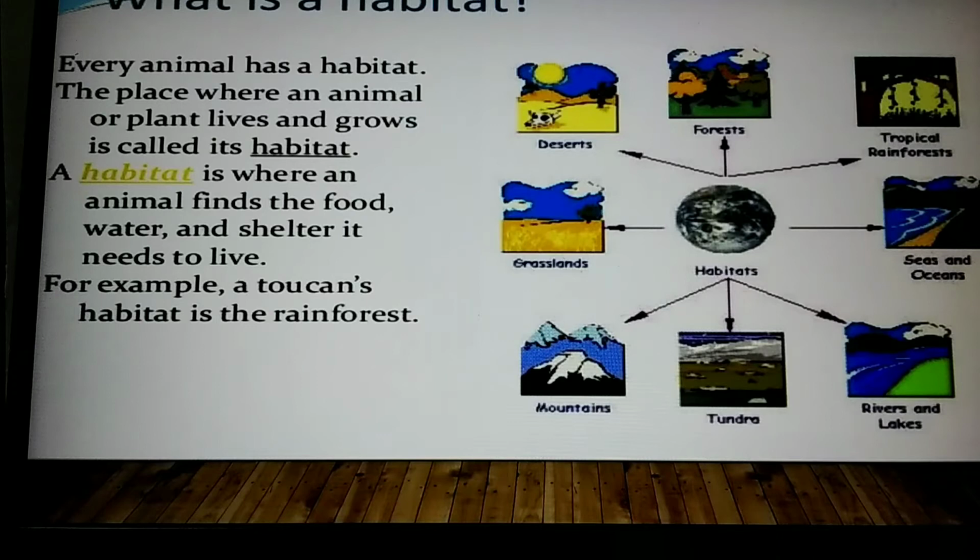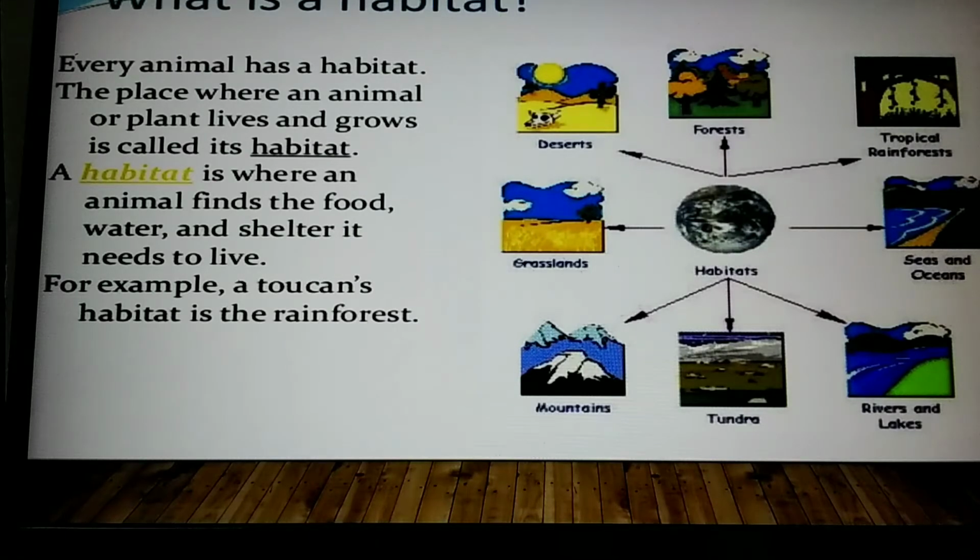Coming to the two varieties, that is land habitats, terrestrial habitats, and water, aquatic habitats. Land habitats are forests, tropical rainforests, deserts, grasslands, mountains, tundra, etc. And if you consider aquatic, there are two kinds, freshwater habitats and saltwater habitats.